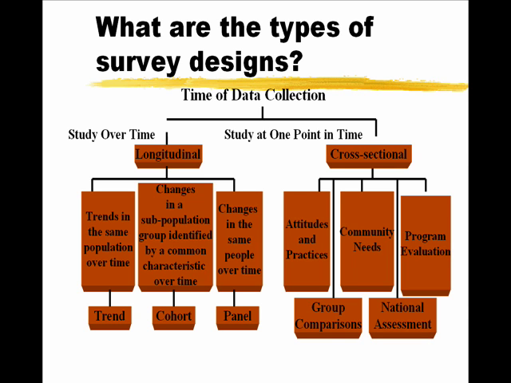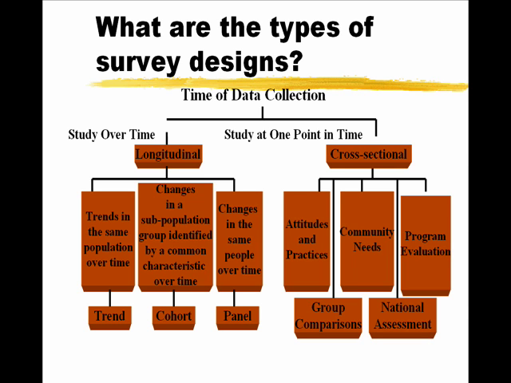There are several different types of survey designs, and this information actually comes out of the Creswell book. And so we'll look at this chart, and the key things I want to point out to you is the time of data collection.